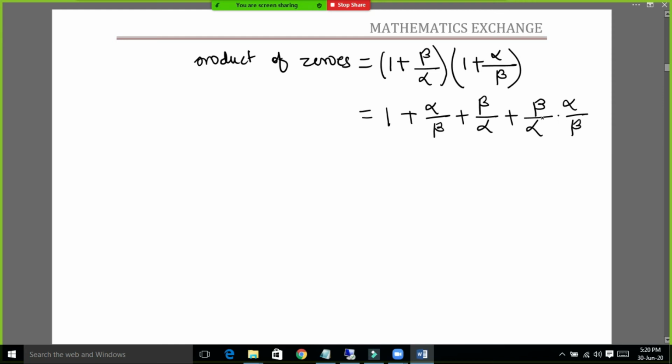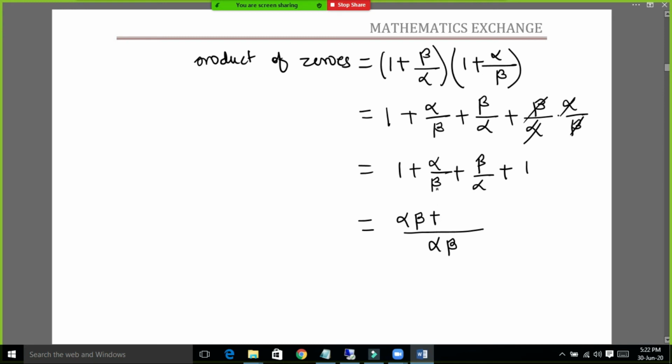So this alpha and this alpha get cancelled, this beta and this beta get cancelled. So that is equal to 1 plus alpha by beta plus beta by alpha plus 1. So that is equal to, now we have LCM alpha beta again. So alpha beta plus, second is having alpha upon beta, therefore multiply with alpha only, alpha square plus beta square plus alpha beta.